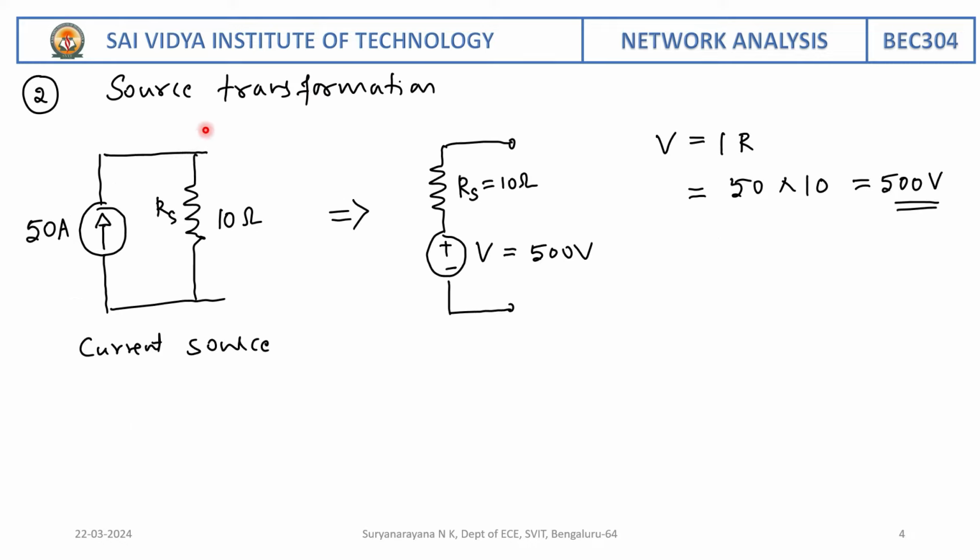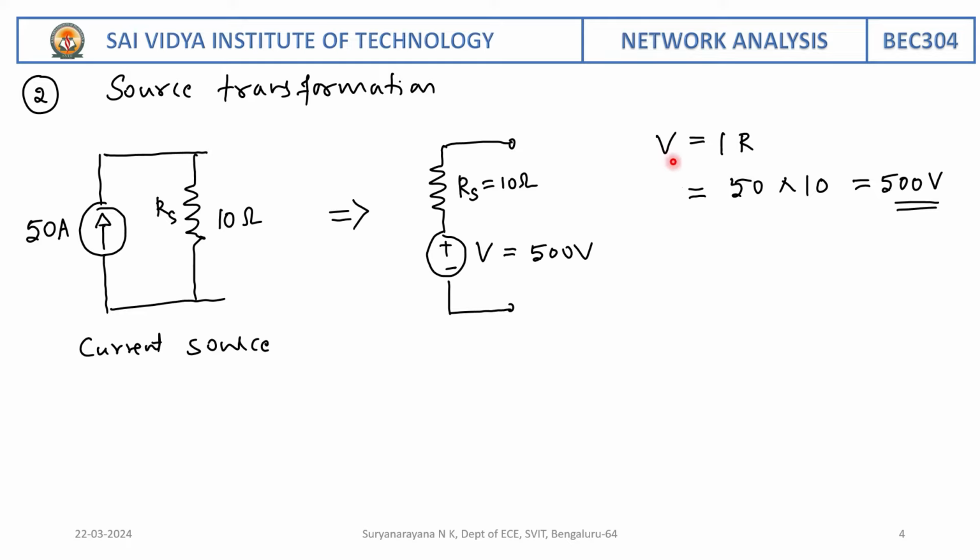In a similar way, the second problem will be like this. Given a current source, you have to transform this to a voltage source. Note down these important points here. Current of 50 ampere is flowing. So here the source resistance is 10 ohm.